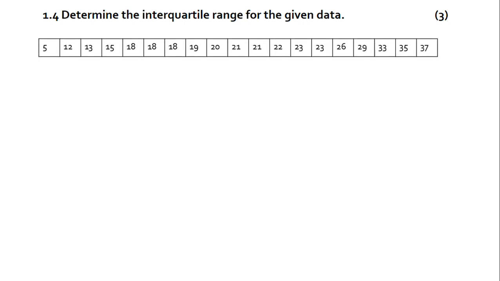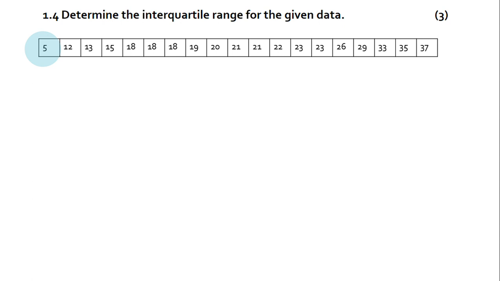So this is our data set. Now, what I've done here, I've actually just highlighted the minimum value, because when you think about finding Q3 and Q1, you can't help but think of the 5-number summary as well.